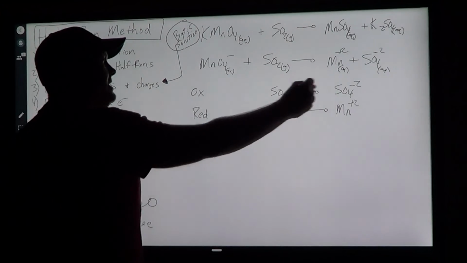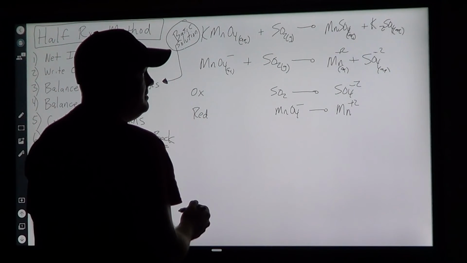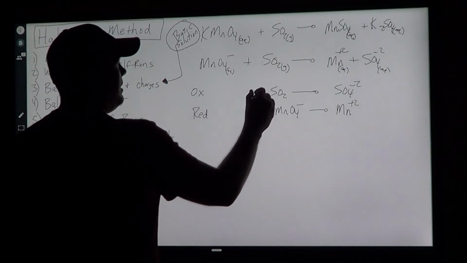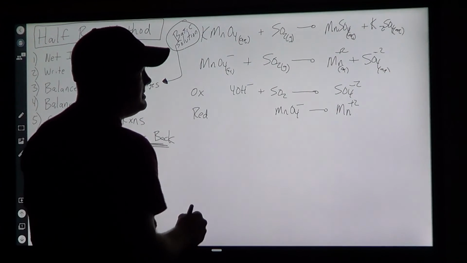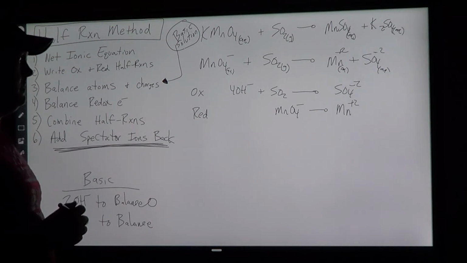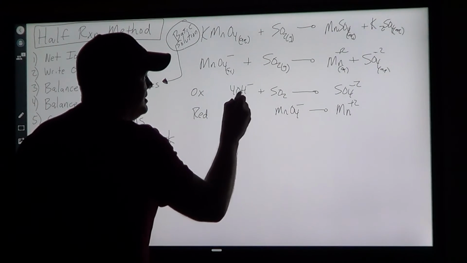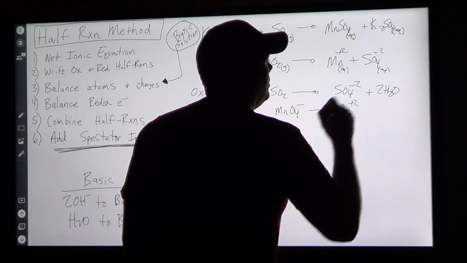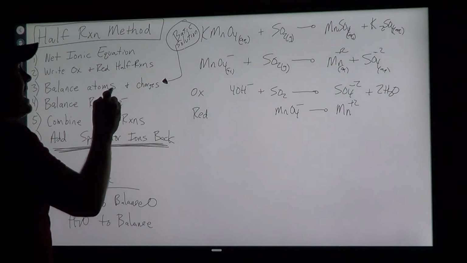So for our oxidation half reaction, we need 2 oxygens on the left, but we need to add twice as many as that. So we're going to add 4 hydroxides. And by doing that, we now have 4 H's, which is going to be 2 waters. Okay? That balances our atoms.